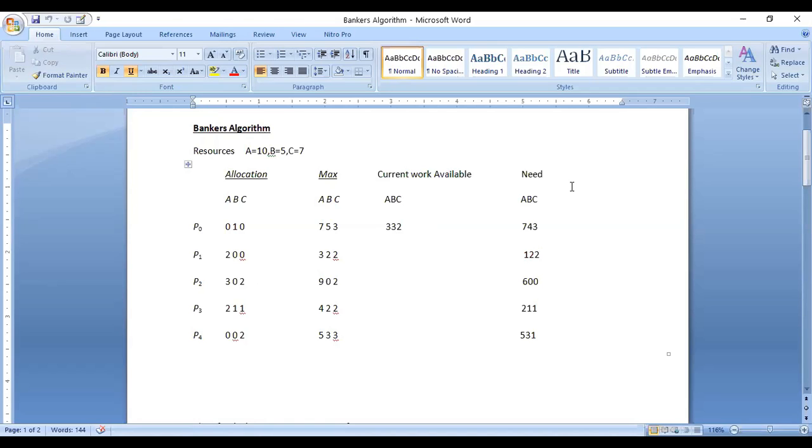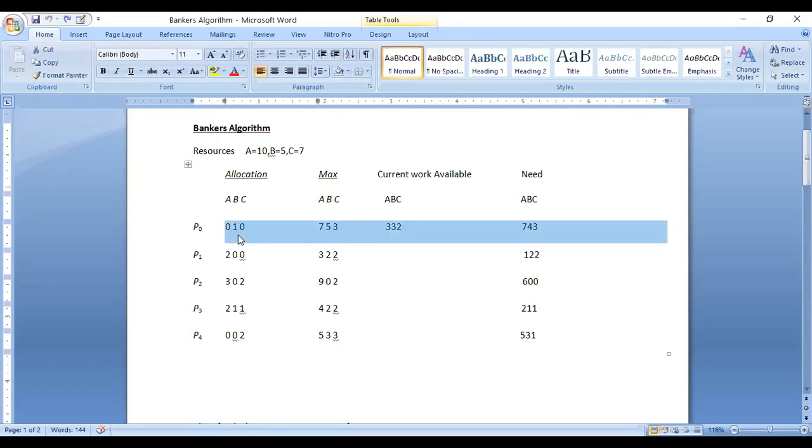And you have to calculate the need. So this is the allocation and this is the maximum. For a process to execute, if process P0 is to execute, the maximum it wants is 7, 5, 3. That is 7 resources of A, 5 resources of B and 3 resources of C. It will want this to complete its execution. But the allocation is only 0, 1, 0. So what is the remaining need to complete the execution of process P0?